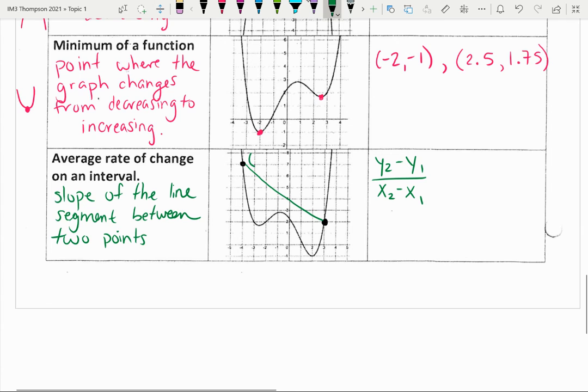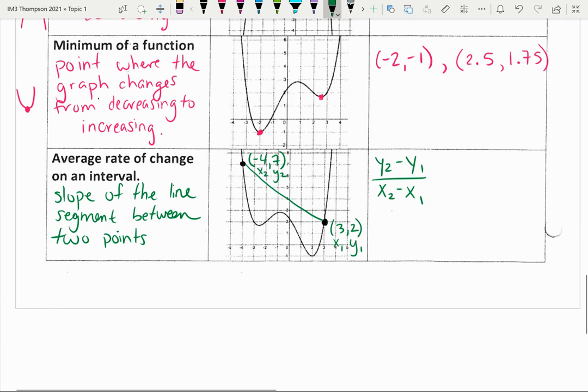And I'm going to name these points. Let's see, what is that? It's -4 up 7. This is over 3 up 2. I'm going to name one of these points x1, y1, and one of these points x2, y2.